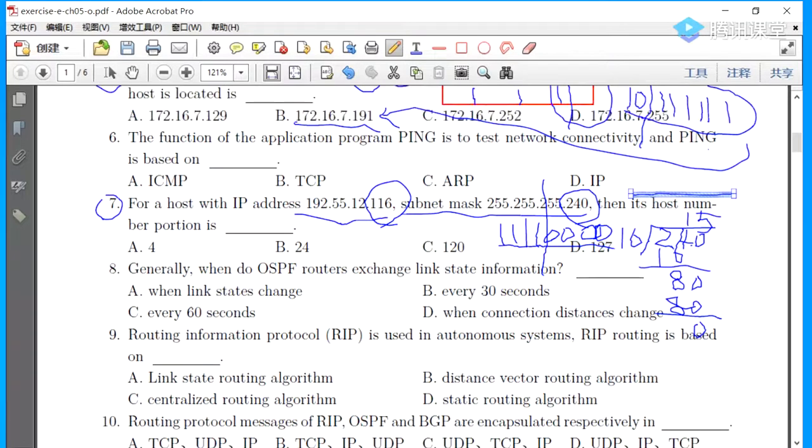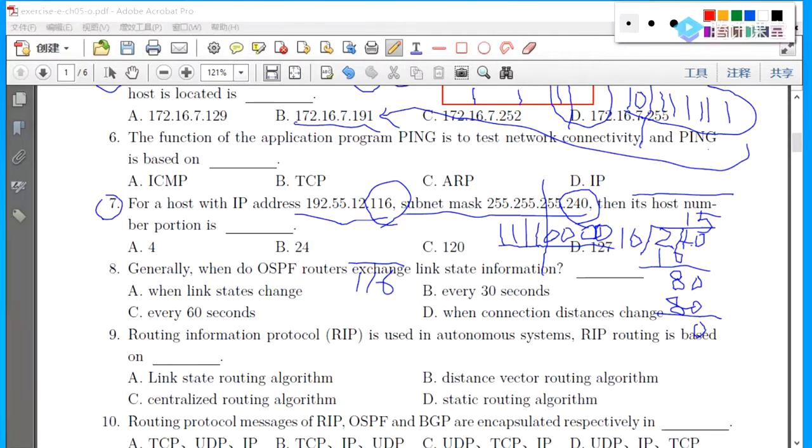We can divide by 16, 7, and the remainder 4.